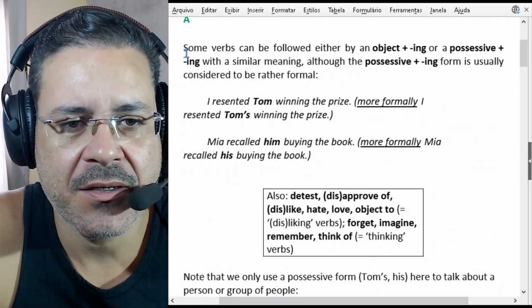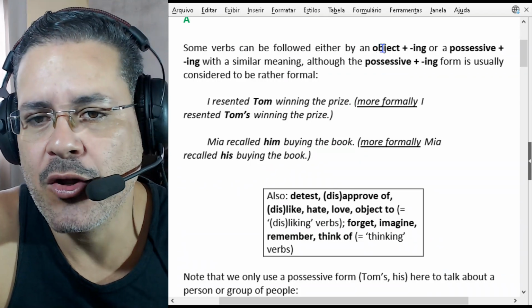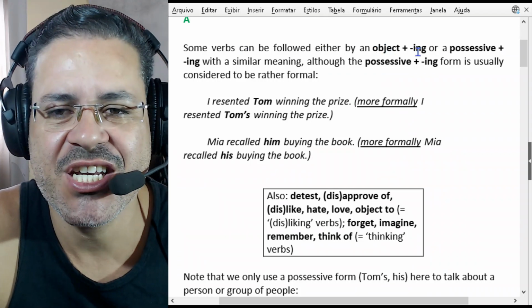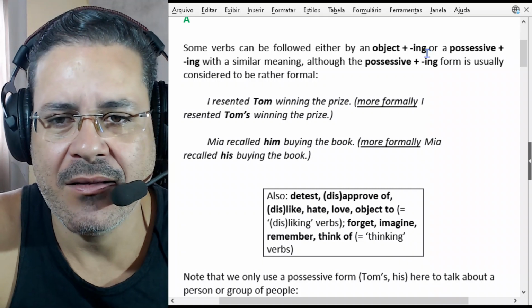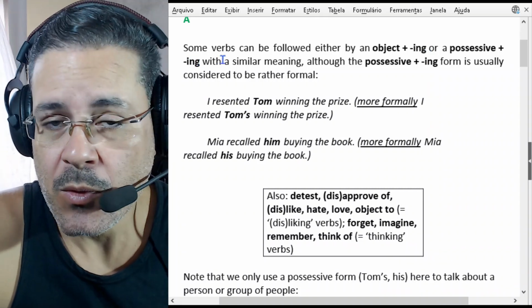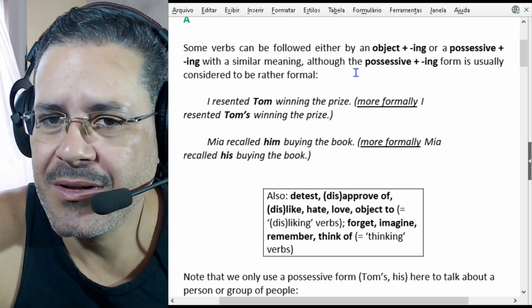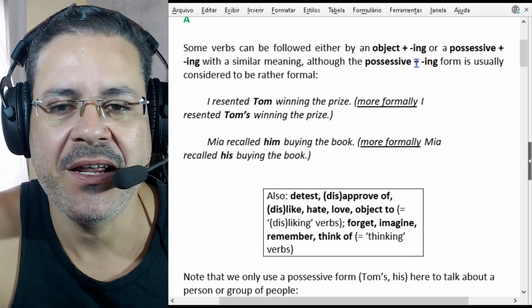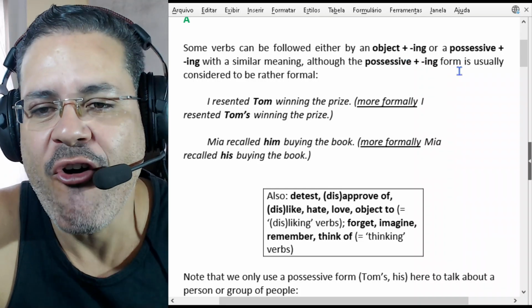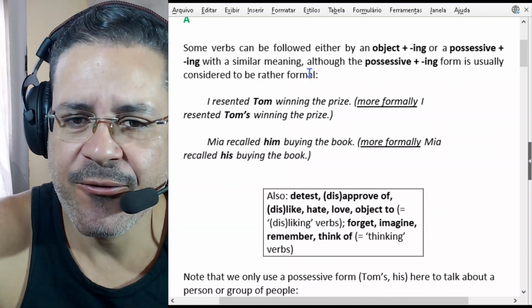Some verbs can be followed either by an object plus ing or a possessive plus ing with a similar meaning, although the possessive plus ing form is usually considered to be rather formal.